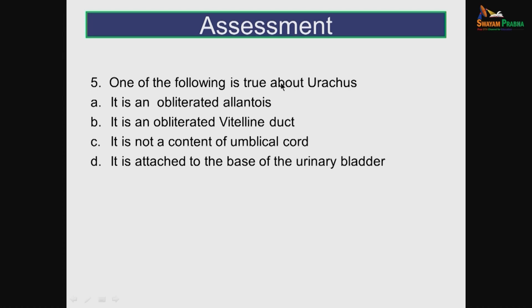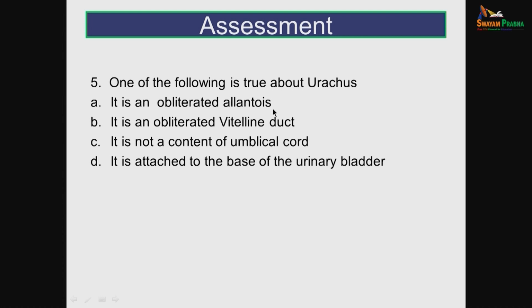One of the following is true about the urachus. The choices are: it's an obliterated allantois, it's an obliterated vitelline duct, it's not a content of umbilical cord, it is attached to the base of the urinary bladder. The answer is A. It's an obliterated allantois.